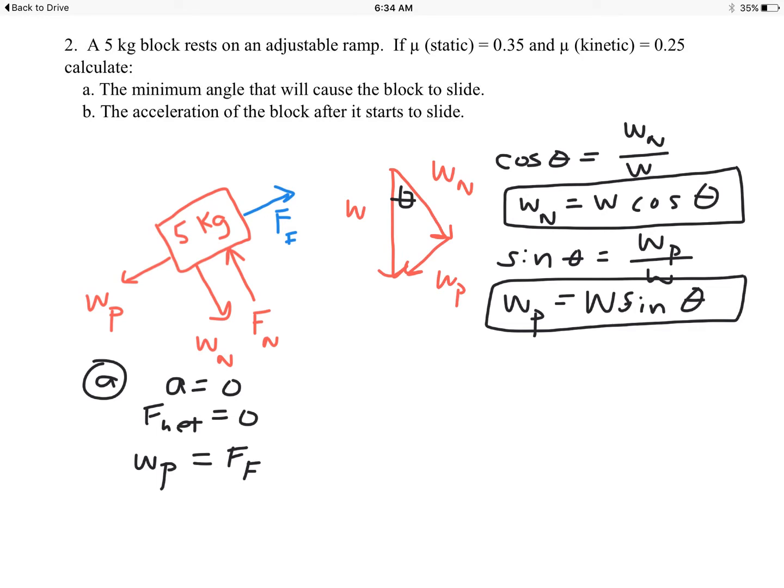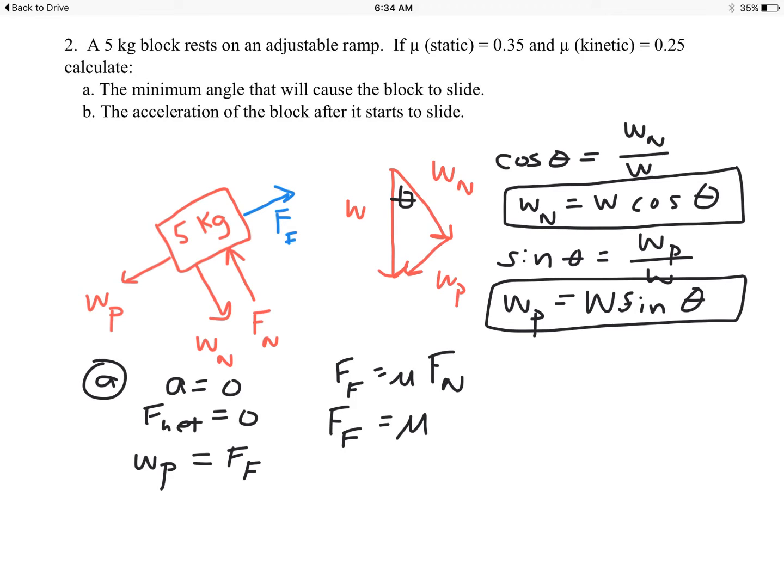Now we're going to start substituting. We know that W sub p over here on the right-hand side is W sine theta, but the force of friction is going to be the coefficient, mu, times the normal force. So the force of friction is mu, which we do know in this case is static. It's 0.35, but I'm not even going to plug that in yet. I'm going to do everything symbolic. Mu times F sub n.